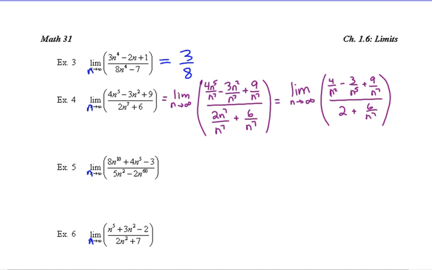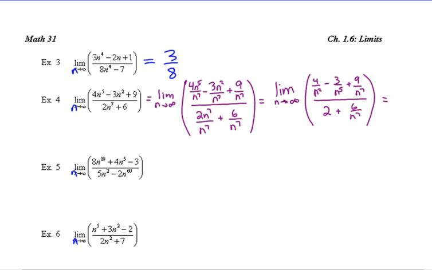What would 4 over n squared approach? No, because we're trying to use the property of a number over n to the power of r. Yes, n to the power of r approaches 0.